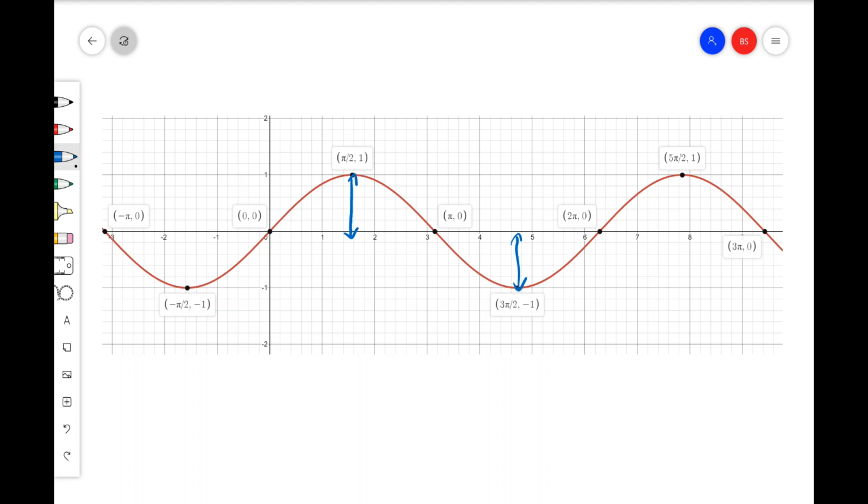In this graph, we can see that the distance between the midline and the peak is 1, and that the distance between the maximum value and the minimum value is 2, and the half of that is 1. So the amplitude is equal to 1.